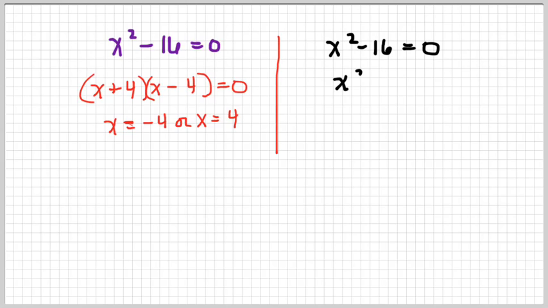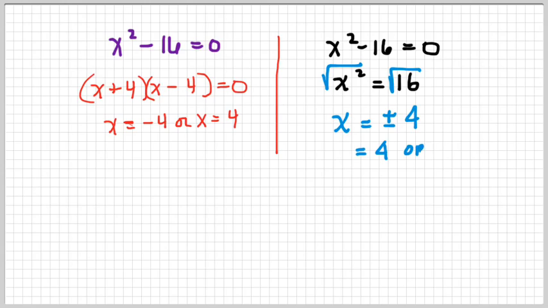That's by isolating the x squared, getting the x squared by itself, and then square rooting both sides. When I square root both sides, I get plus or minus whatever the square root of that side is, in this case 4. So this means again that x equals 4 or x equals negative 4. We just write it with this abbreviated plus minus because it's shorter.